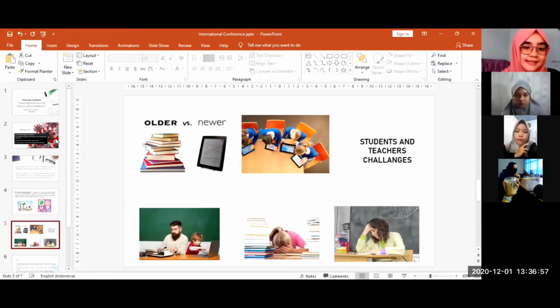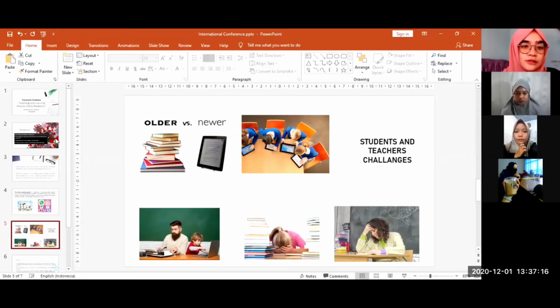For example, you can see the pictures below between a teacher and a student where the teacher is still not using a computer. But besides that, it also makes a lack, not just for the students, but also for the teacher.